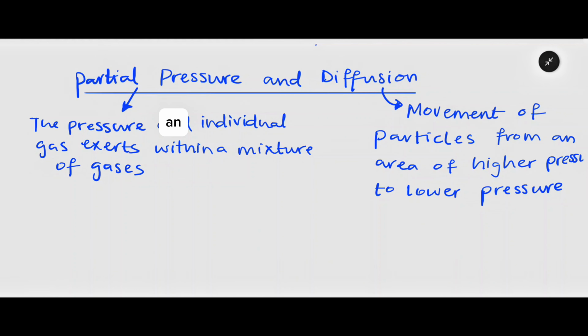What is diffusion? Diffusion is the movement of particles from an area of high pressure to lower pressure.